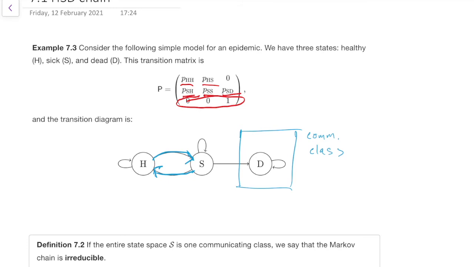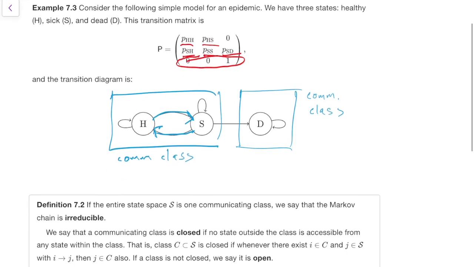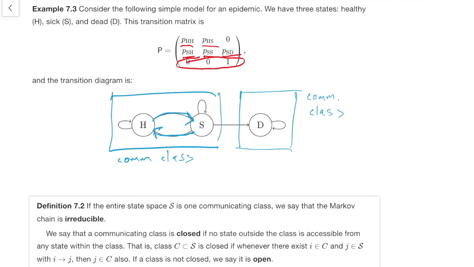So that's a communicating class with two states in it. So in this healthy, sick, dead chain, we have two classes. We have the dead class and we could call it the alive class of being either healthy or sick.